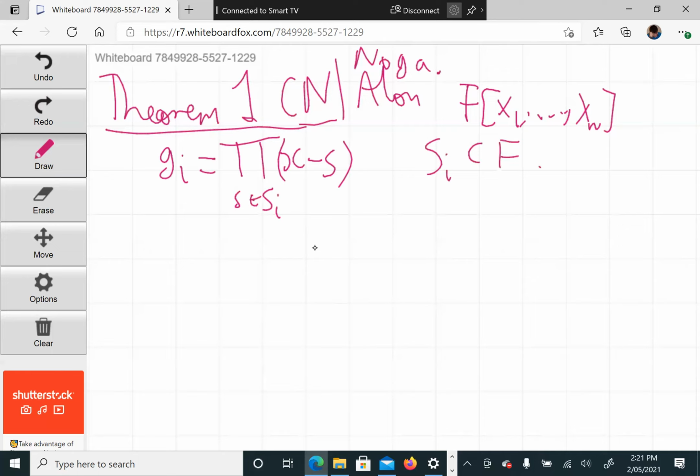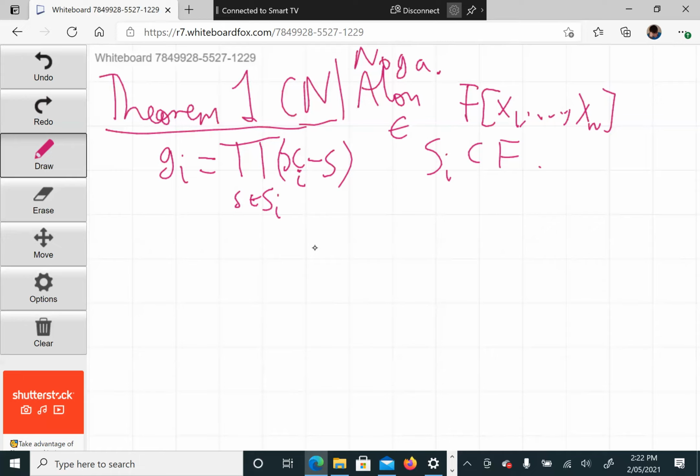Wait, is g_i a one-variable polynomial? Oh yeah, so it's inside of F, but it only has one variable in it, x_i. So it creates a polynomial for each variable.